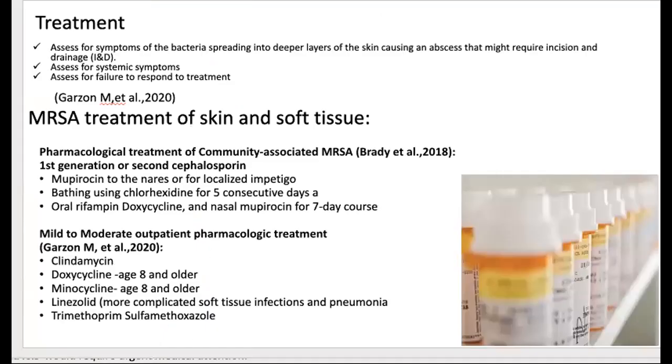So treatment. Treatment for S. aureus infections really depends on the resistant or susceptible strain and the severity of the signs and symptoms of the skin infection that providers really need to pay close attention to, that indicate the bacteria is spreading into deeper layers of the skin, either causing an abscess that would need some kind of I&D, incision and drainage, or anything that's pointing to systemic symptoms such as a fever, pain.